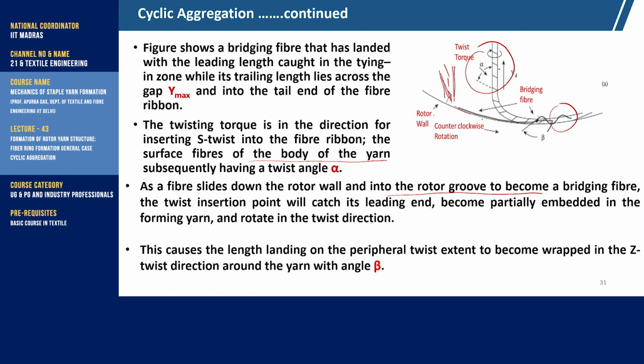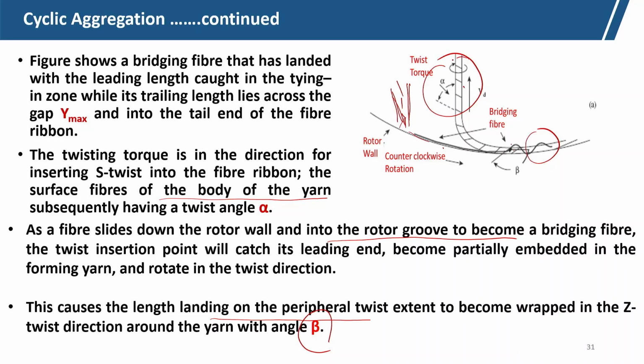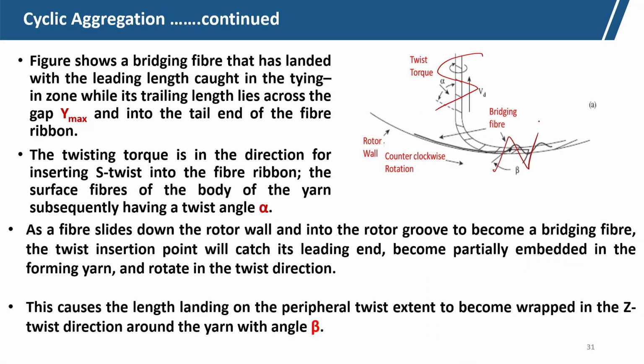This causes the length landing on the peripheral twist extent to become wrapped in the Z direction, and the twist angle becomes beta. So, if you see, the yarn twist is effectively in S direction, but the wrapper fibers are in Z direction.